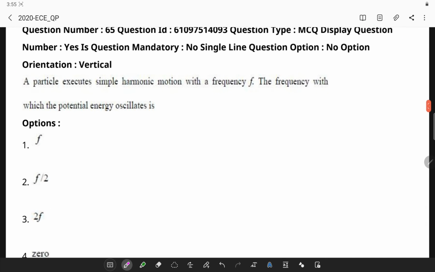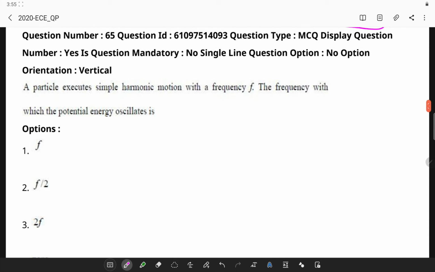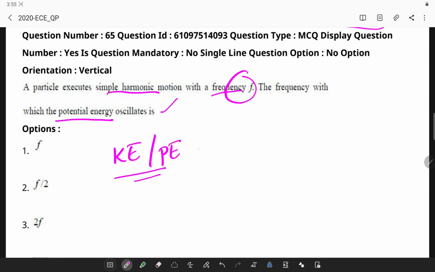Next, 65th question. A particle executes simple harmonic motion with a frequency f. The frequency with which the potential energy oscillates. So in one oscillation both kinetic energy and potential energy become 2 times maximum and 2 times minimum.